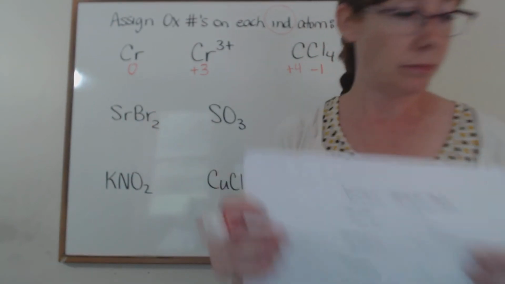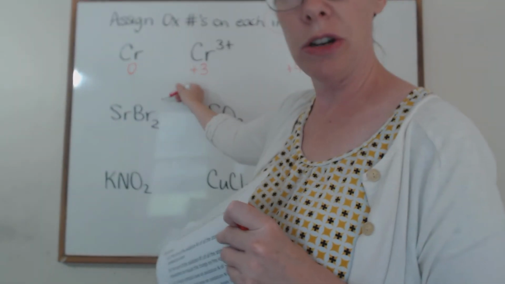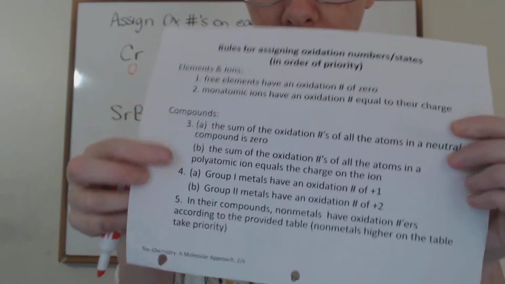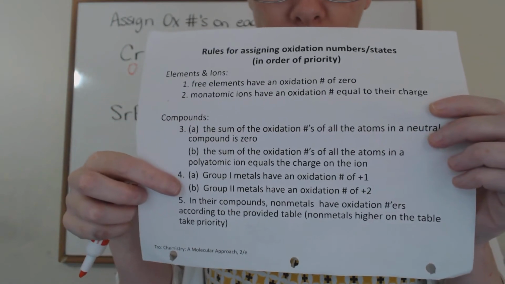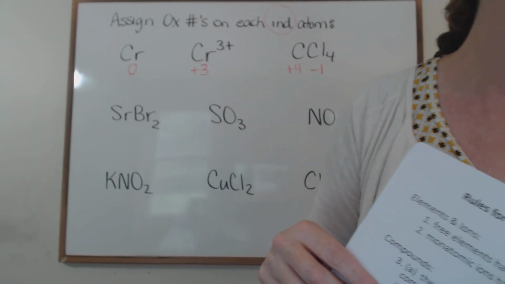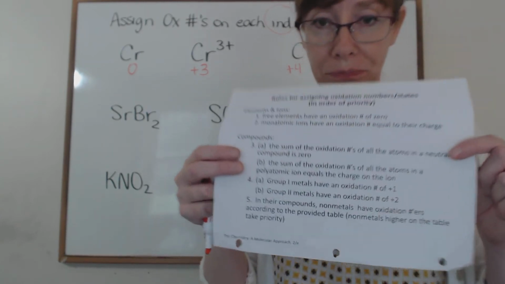SrBr2. Once again, a neutral compound. No charge, neutral compound. They're going to have to all add up to 0. With this one, though, I believe you're going to find a group 1 or group 2 metal. So go to your periodic table and find strontium. Strontium's a group 2 metal.